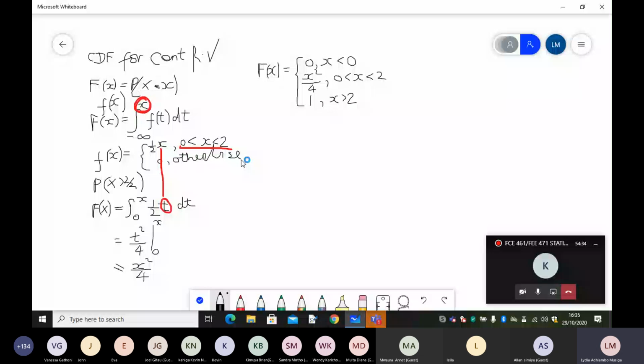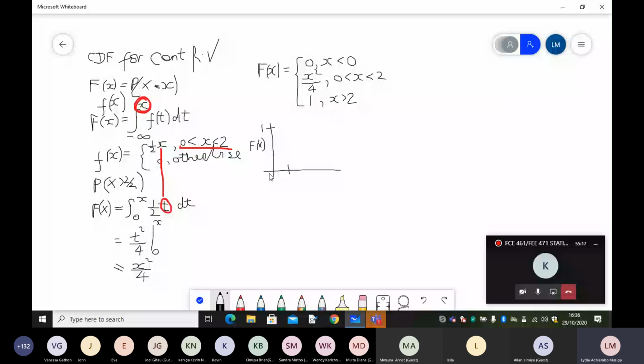Now, what next? We are required to plot this. Remember we are dealing with a continuous random variable, so in our diagram we will have a continuous line. We can consider a number of points.